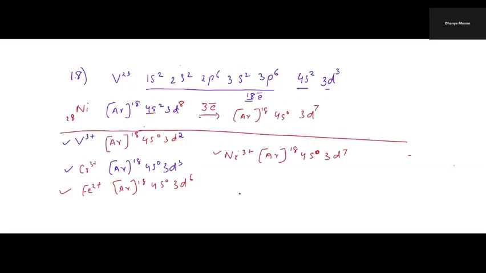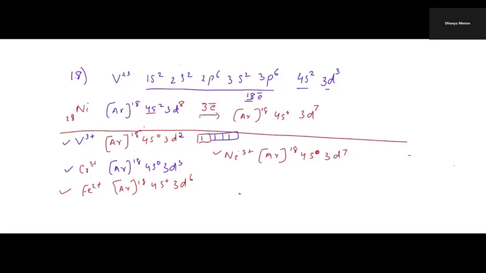Now from here, what they have asked is, which of them have similar value of spin-only magnetic moment in gaseous state? You have to check the number of unpaired electrons. Here the number of unpaired electrons is 2.